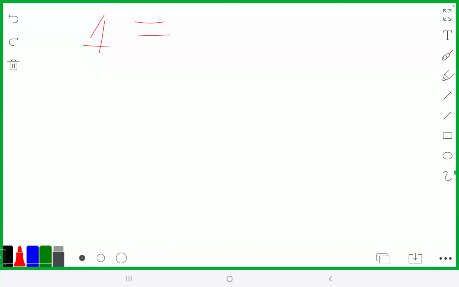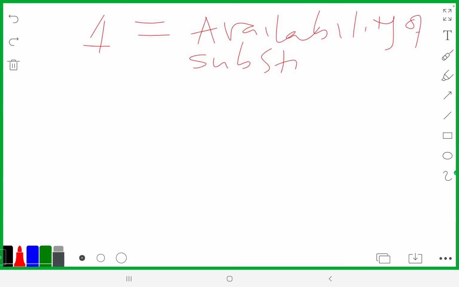One is the availability of substitutes. Okay, yeah, availability of substitute goods. What about the other one?